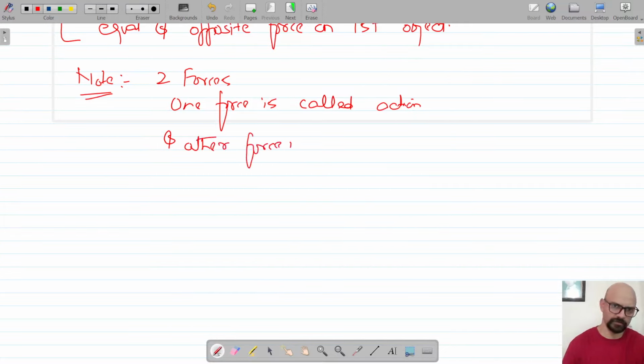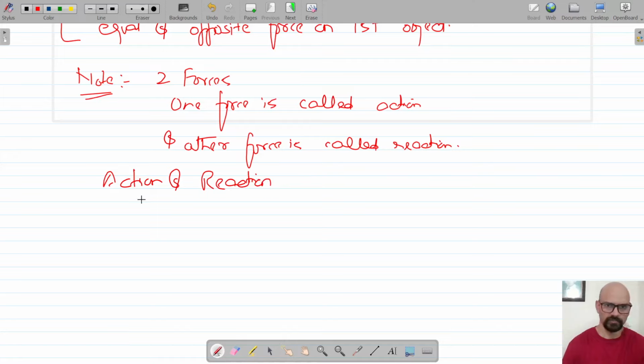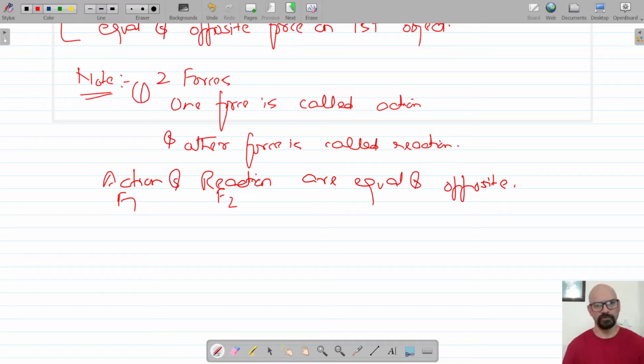So for Newton's third law, it's the action and reaction. These are the two forces, force 1 and force 2, and these are equal and opposite. So this is the first point to be noted.